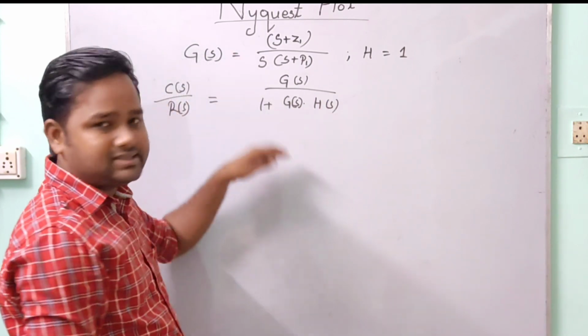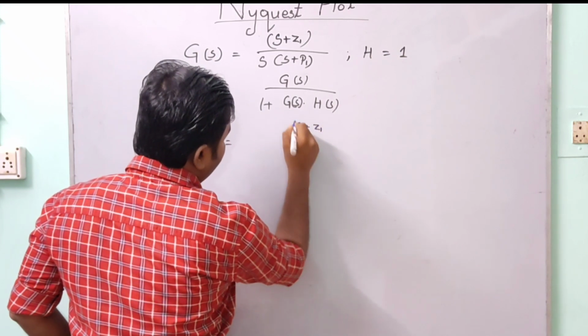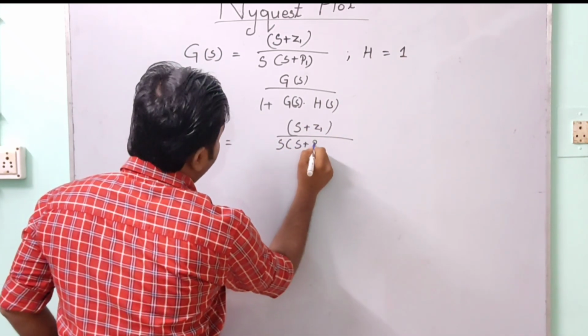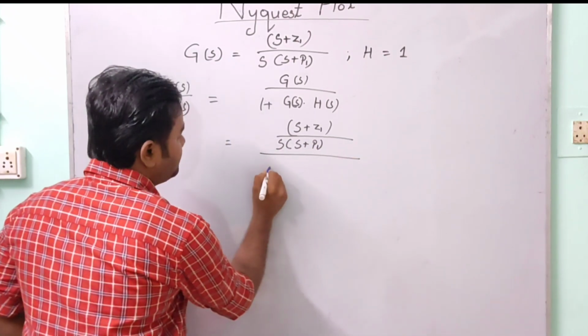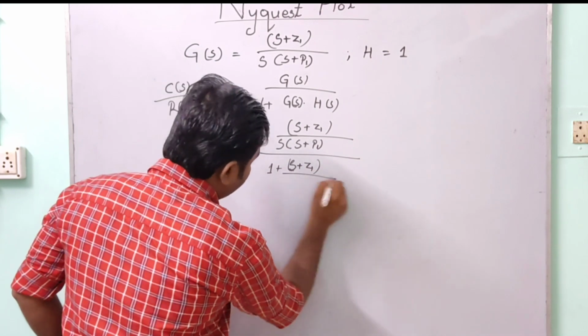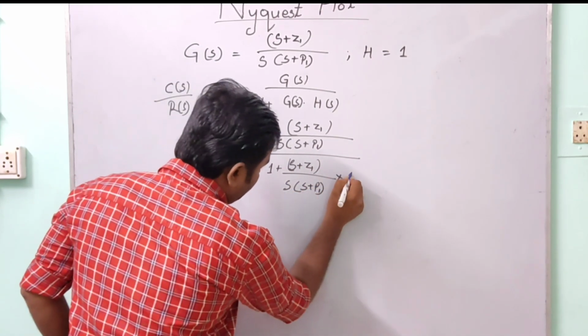Now by putting all these things here, I get (s plus z1) divided by s into (s plus p1), whole divided by 1 plus (s plus z1) divided by s into (s plus p1), into 1.